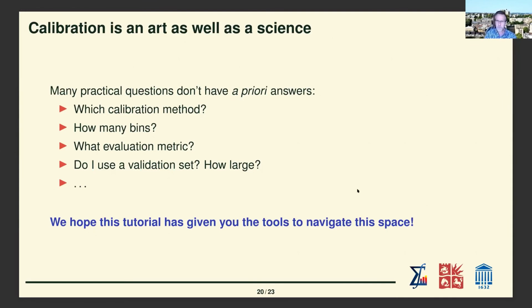We've tried to address some of these questions, but more importantly, we've tried to give you the tools to actually navigate these questions and to explore them in your application. This is also why we included the hands-on component, because we think that a lot of these things are exploratory questions.